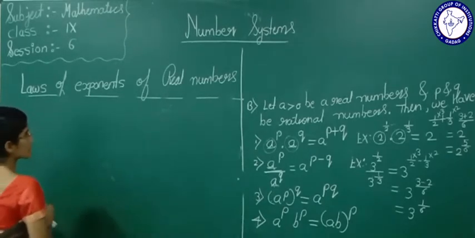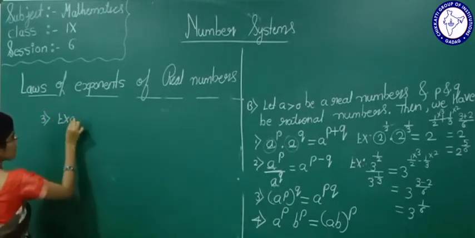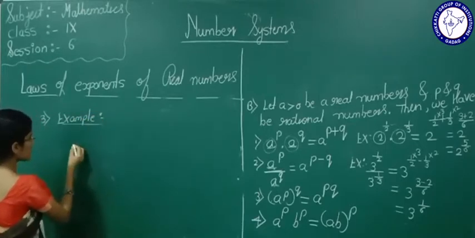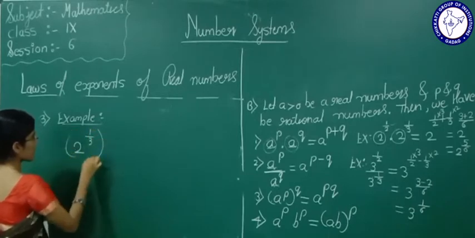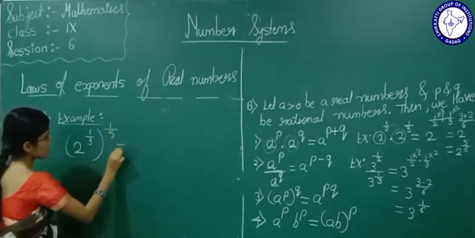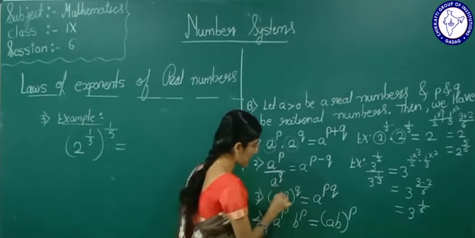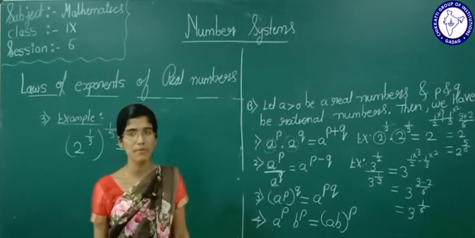Now see here, we will see an example for the third law. If I give you (2 raised to 1/3) raised to 1/5, the third law says (a^p)^q is nothing but a raised to p multiplied by q.